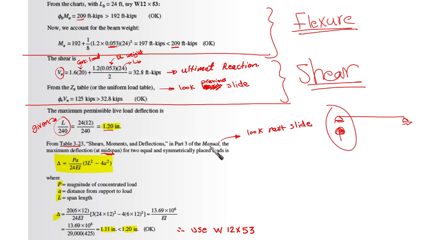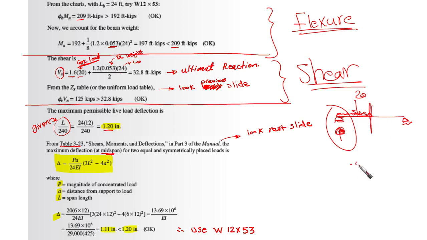which is the maximum shear. It is going to be 1.6 times 20. This is the concentrated load. Again, it is live load. Plus 1.2 times 0.053 times 24 over 2, which is the distributed load coming from the weight. So of half of this.